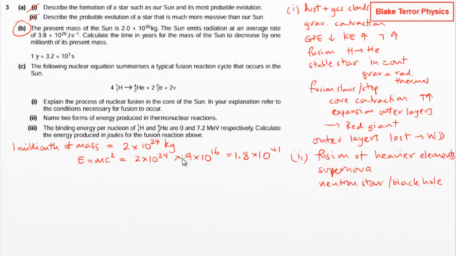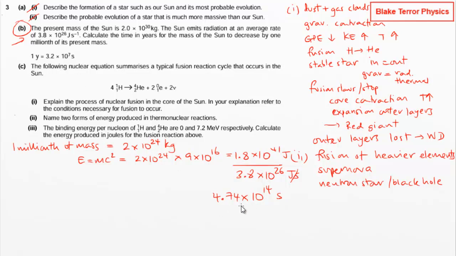So we now want to get this into years based on this power output that we've got here. Because that's joules, let's divide our joules by joules per second, which will give us seconds. So divide by 3.8 times 10 to the 26 joules per second. That comes out at 4.74 times 10 to the 14 seconds.